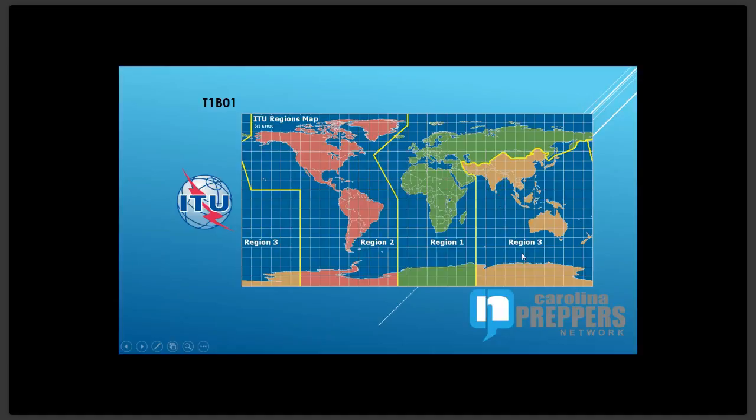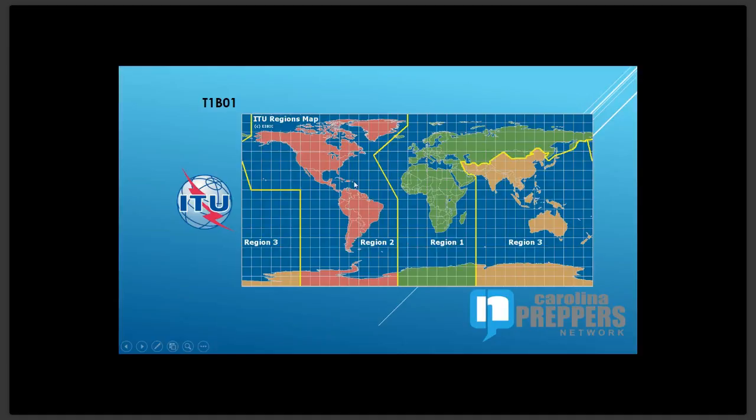So they have to follow Region 3's ITU rules. Just because it's a territory of the United States doesn't necessarily mean that all of the rules for the United States are followed in that territory.